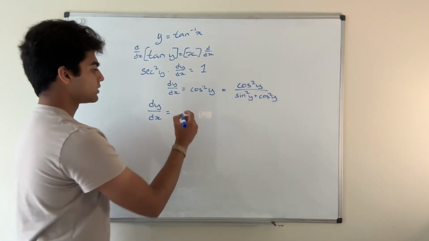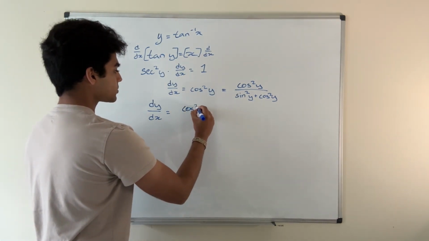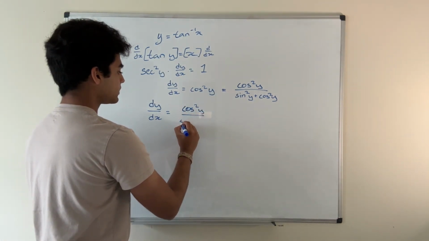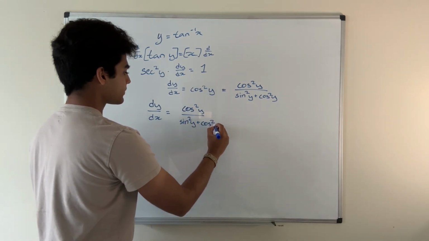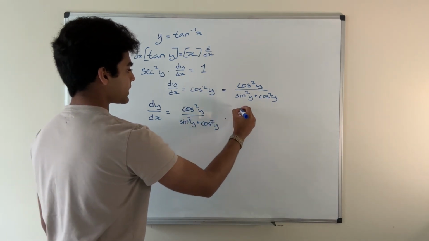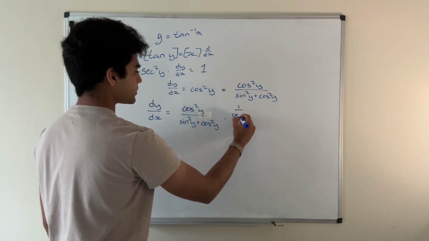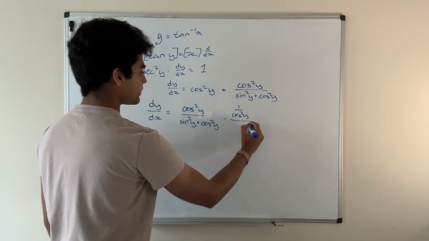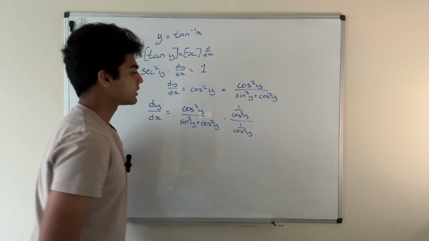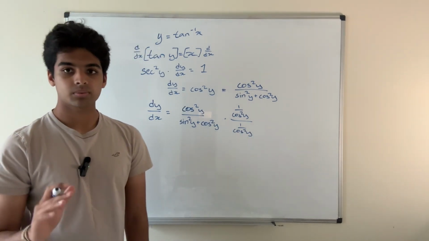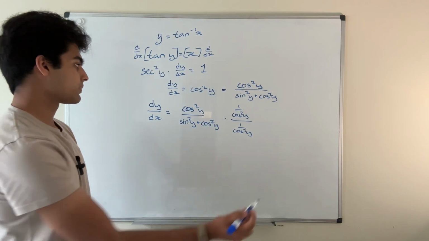So I'm going to do cosine squared y divided by sine squared y plus cosine squared y, and then multiply that by 1 over cosine squared y divided by 1 over cosine squared y. Now, I know this is a bit confusing, but just wait.